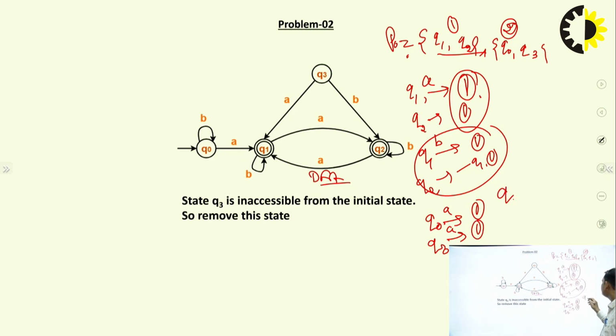Q0 and Q3 as input B: Q0 as input B goes to Q0, first set, and Q3 as input B goes to Q2, set number 1. It is a second set.